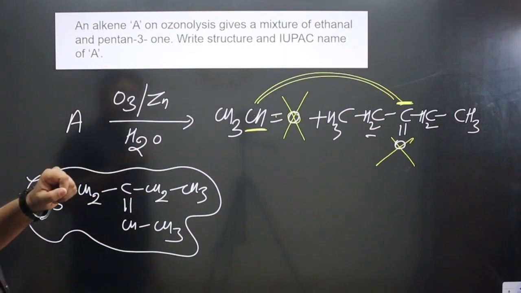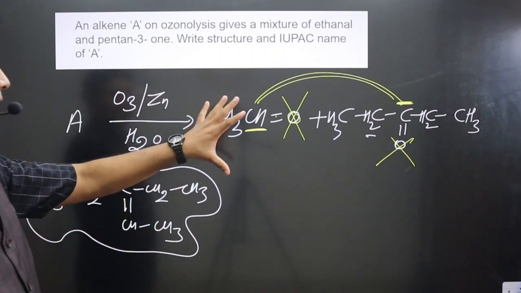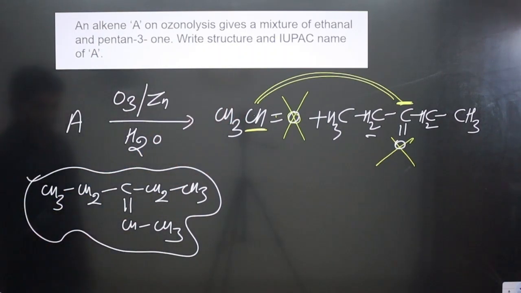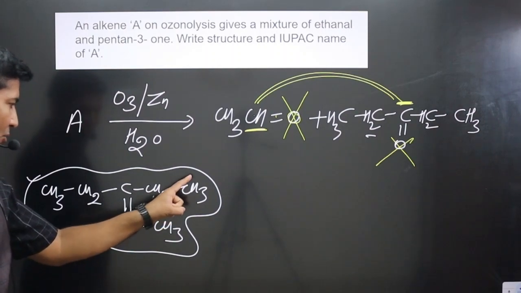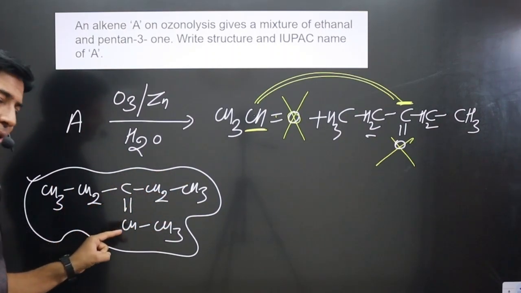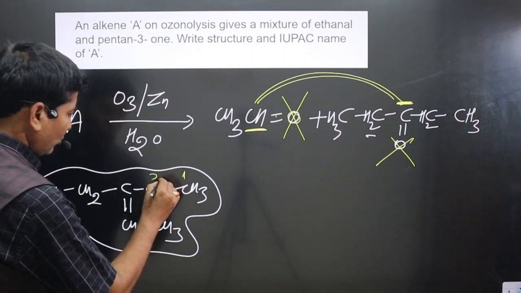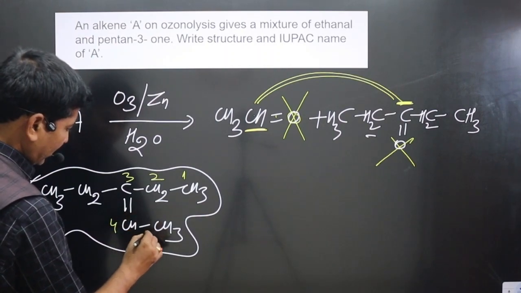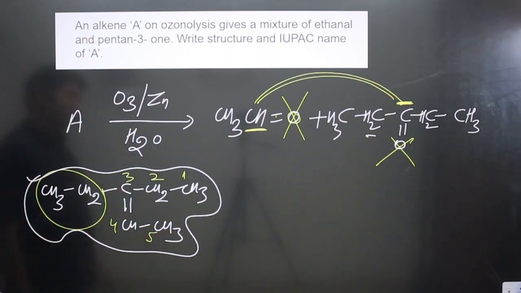Now it is asking about the IUPAC name also. The structure we got, and now the IUPAC name of A. First of all, we select the parent chain. We have to give the minimum number to the double bond. You start numbering from here: 1, 2, 3, 4, 5. We cannot continue because the double bond cannot go as a branch. So we have 1, 2, 3, 4, 5, and this is going to be the branch.